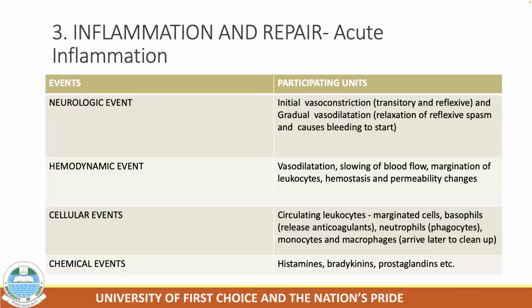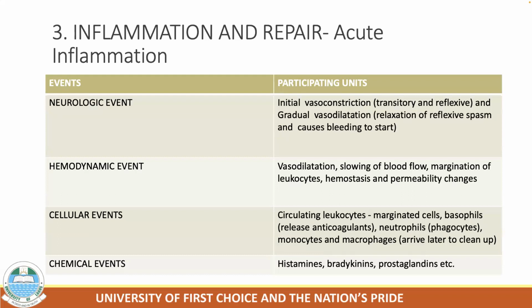Now, there are a couple of processes that happen simultaneously during acute inflammation, mainly 4 events: a neurological event, hemodynamic event, cellular event, and a chemical event.